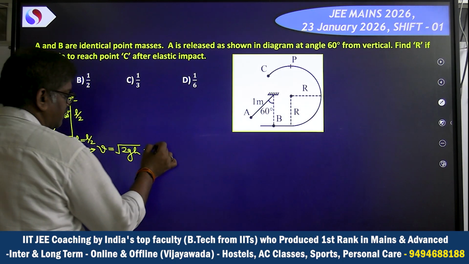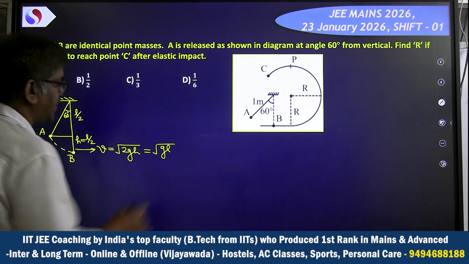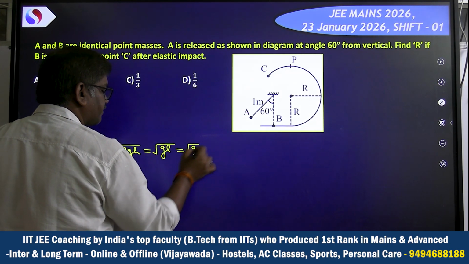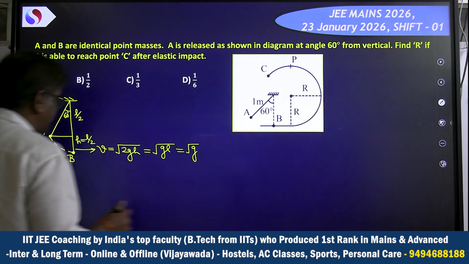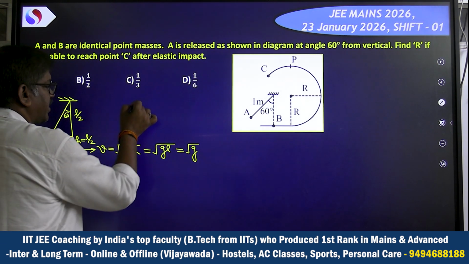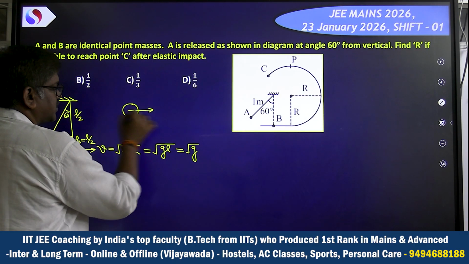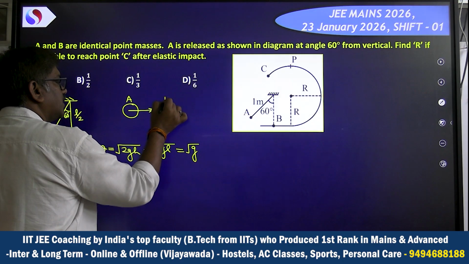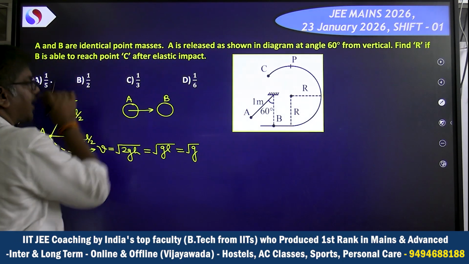That means this value is going to be root GL. L is given to you as 1 meter, so I can just write root G. What will happen when A reaches point B? At the lowest point its velocity is horizontal. It strikes another particle which is also identical, so A and B are identical.